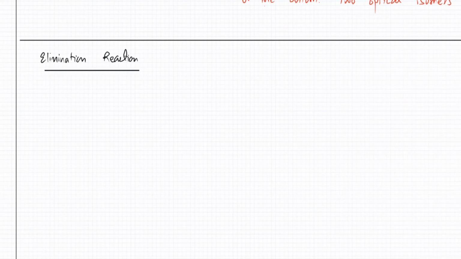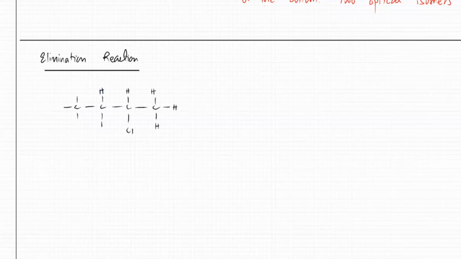So here you have a halogenoalkane. Here's a Cl, and the rest are all H atoms. Now in the elimination reaction, the Cl is lost and the H is lost from the neighboring carbon atom. So it could be this one or it could be that one.